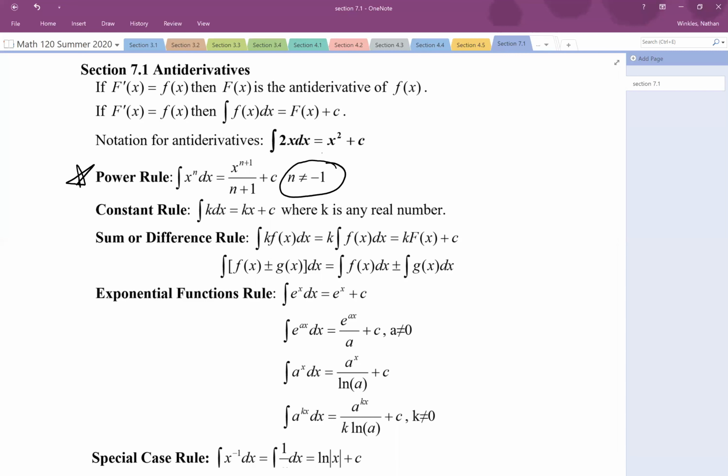Sum or difference: just like we took the derivative of a sum or difference term by term, we're going to undo it in the same way, by integrating. So the integral of k times f of x dx is equal to k times the integral of little f of x dx, which gives us k times capital F of x plus c. We can also have the integral of f of x plus or minus g of x dx equal to the integral of f of x dx plus or minus the integral of g of x dx.